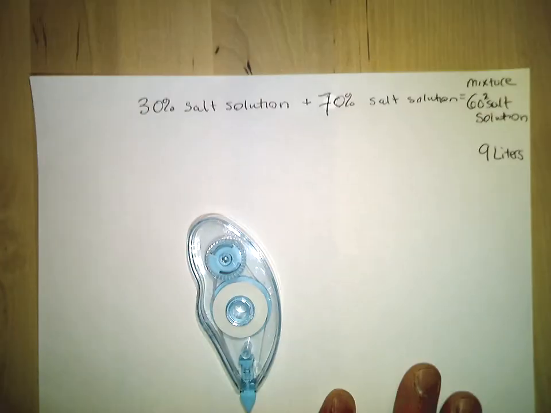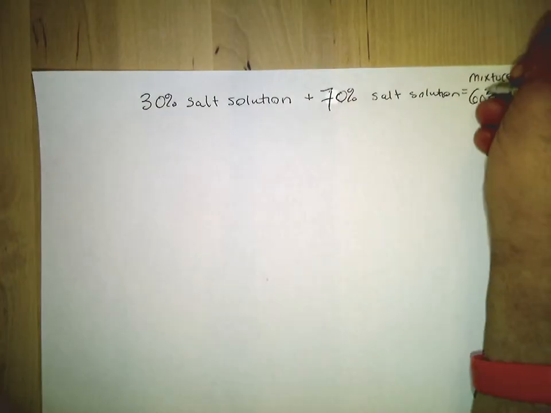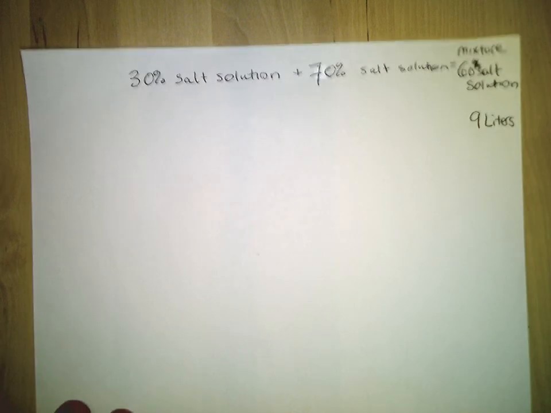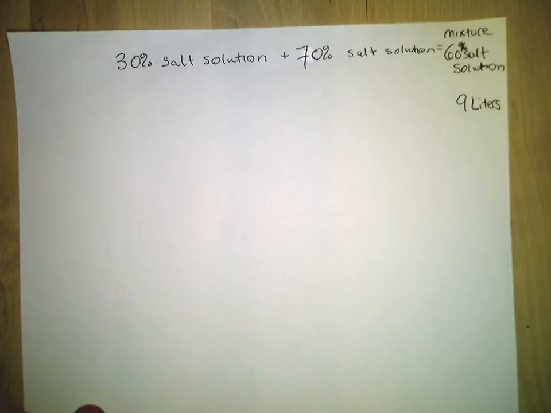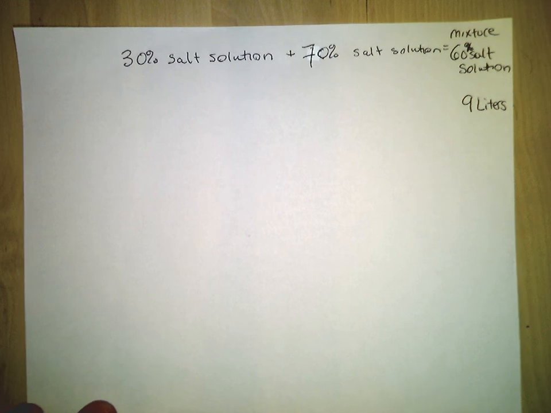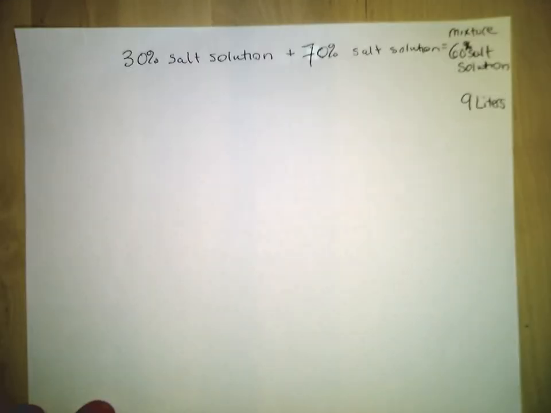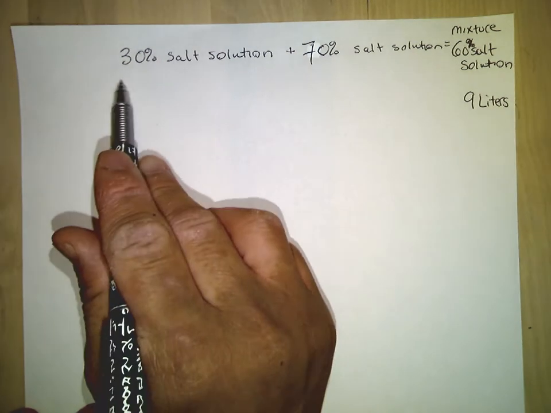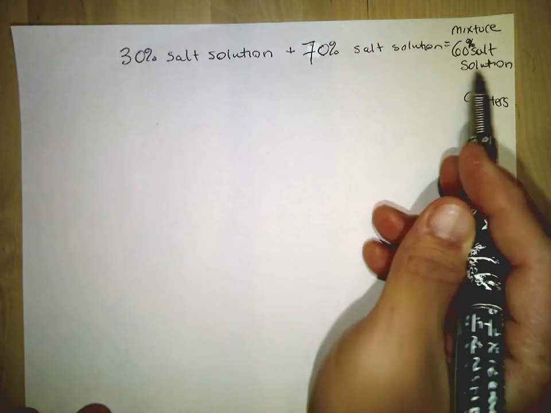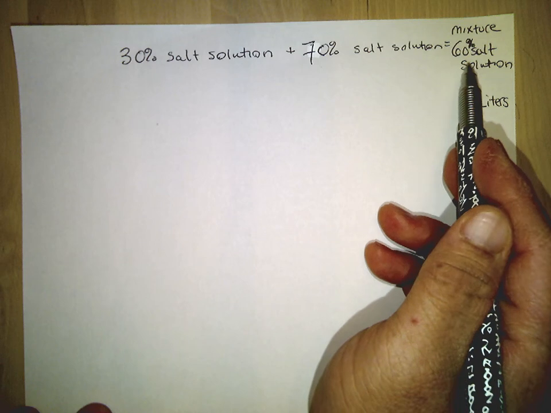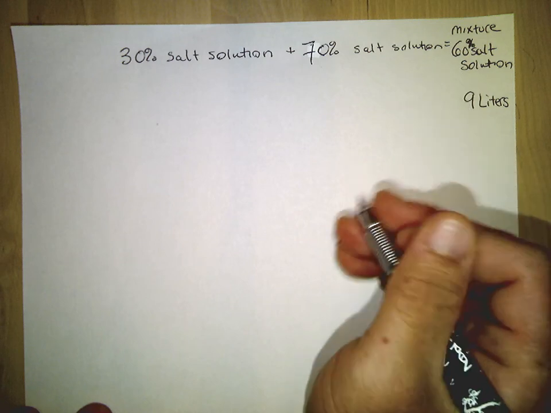All right, so let's look at this. You don't know anything except that one of these needs to be 30%, one 70%, and the mixture needs to be 60%, and that there are 9 liters total.